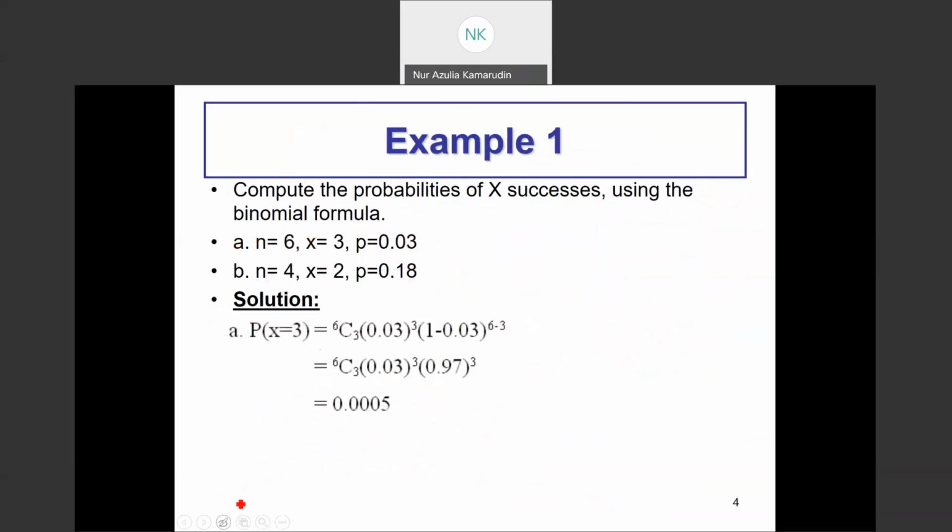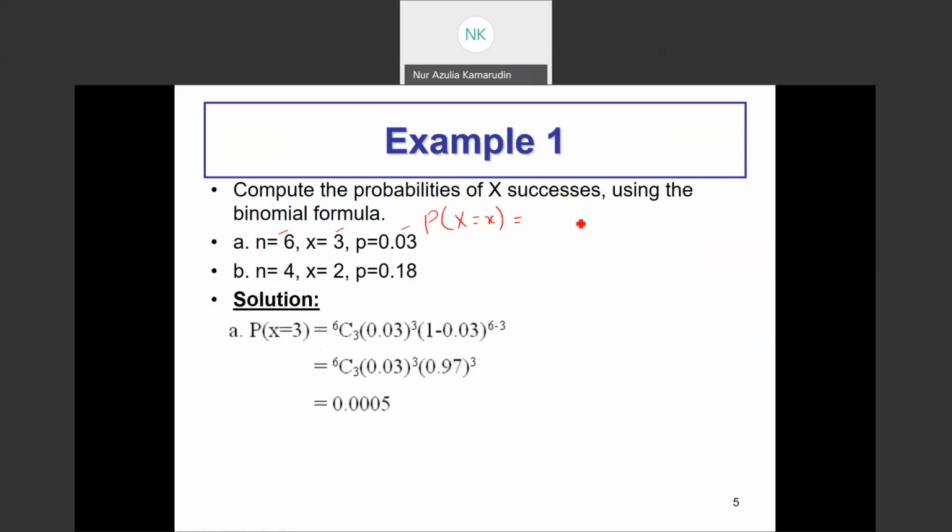Okay, let's take a look at how to find the probability. Assuming you have question A here, you are given n equals 6, x equals 3, and p is given as 0.03. You want to find the probability when x equals 3. This again follows the formula.